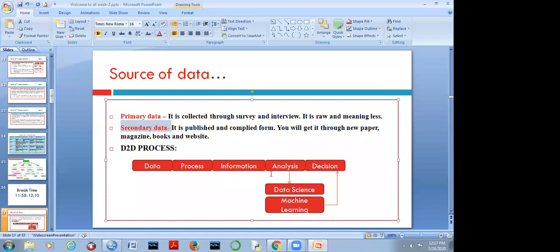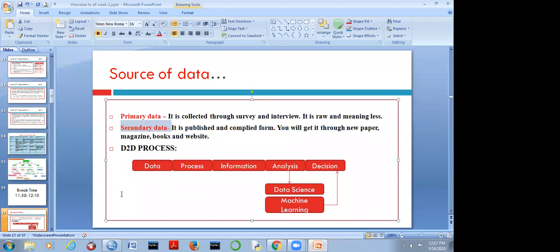The analysis which was earlier done by an analyst is now done by machine. The machine understands the things, provides the relevant information to the end user, and the machine decides. So the process goes from data to decision.